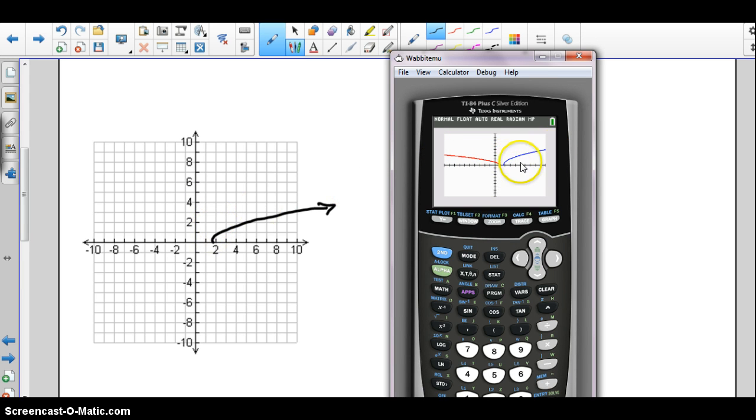Now, the blue one, if you think about it, was the 3x function there, and then there was another one that was 1 minus x. So 3x minus 5 was this blue graph, and the 1 minus x was this one right here.